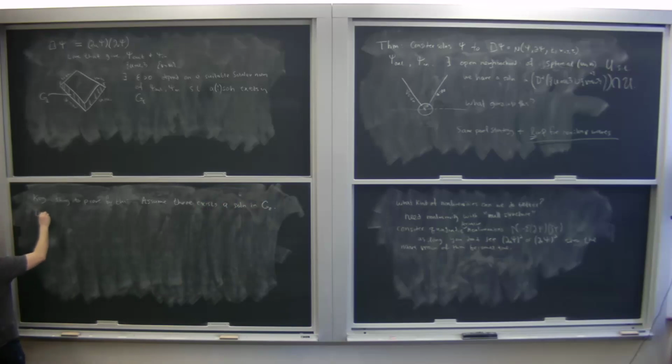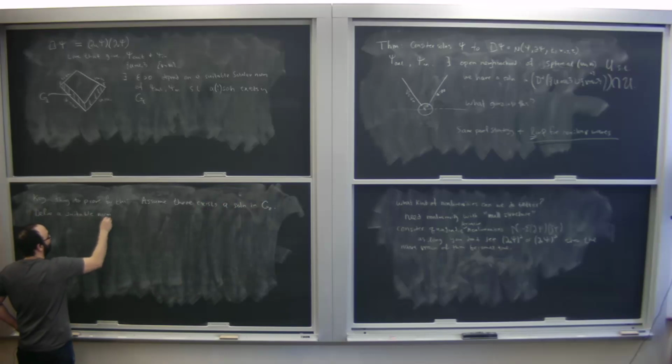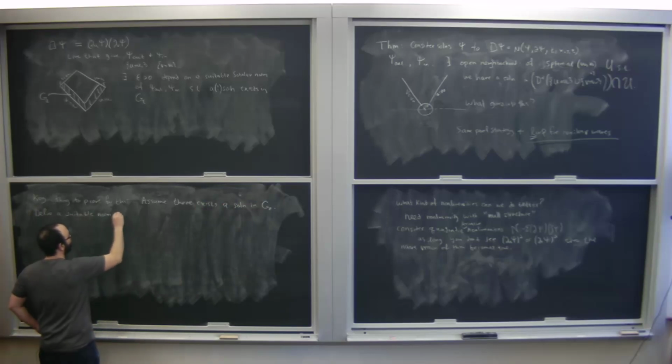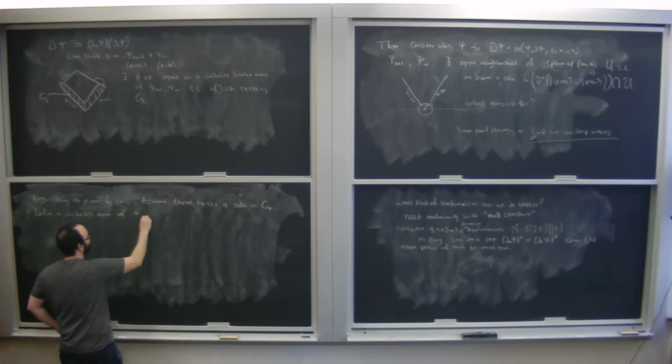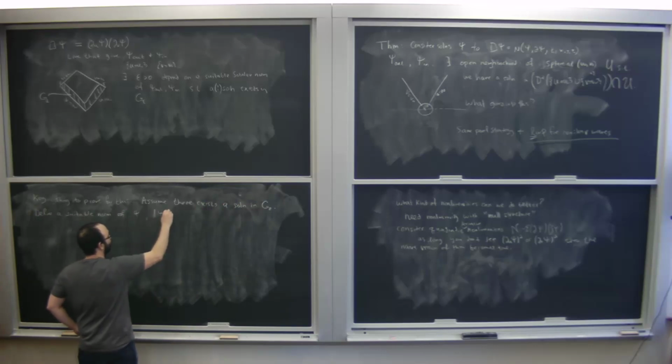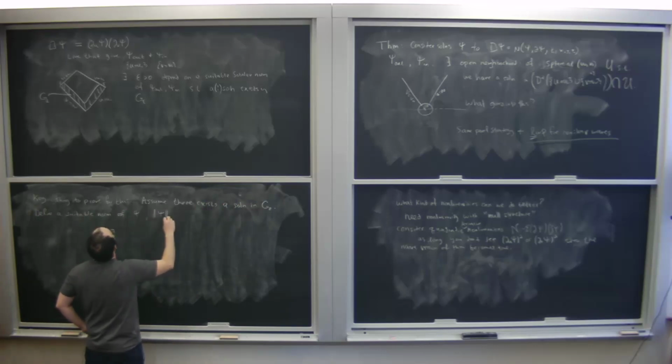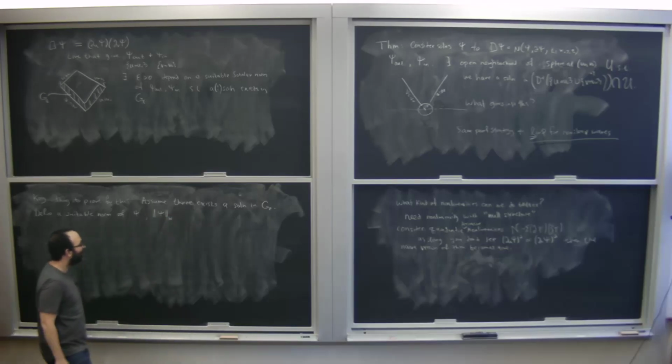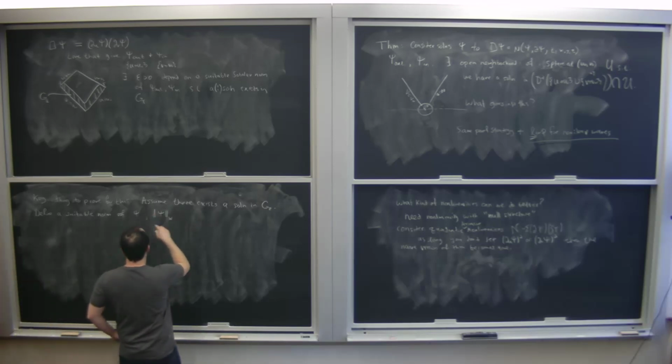All right, so we'll define a suitable norm of the solution psi. Let's call that psi sub, I don't know, W for wave. All right, there's going to be some norm W. We'll talk about the norms in a second. All right, define a suitable norm W.